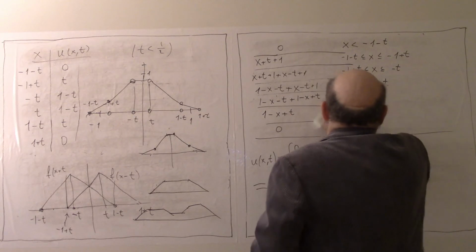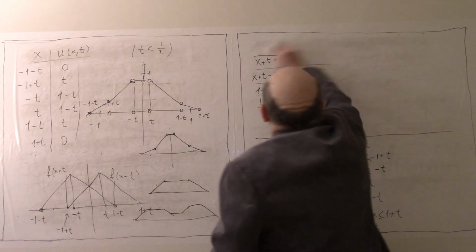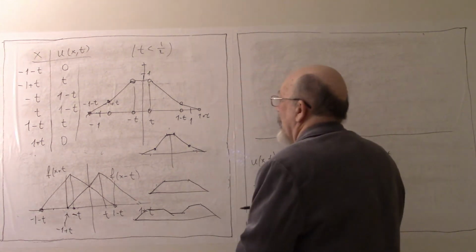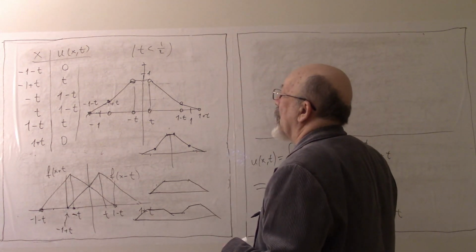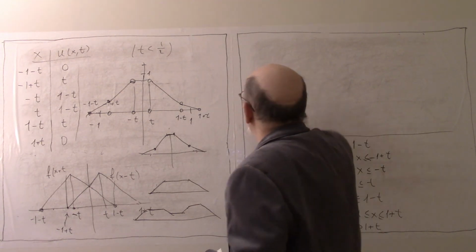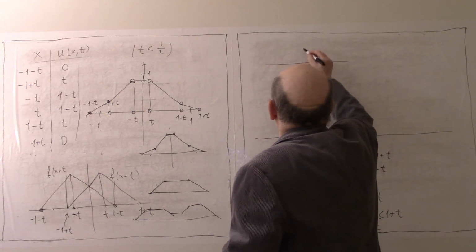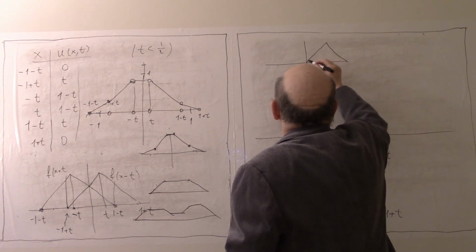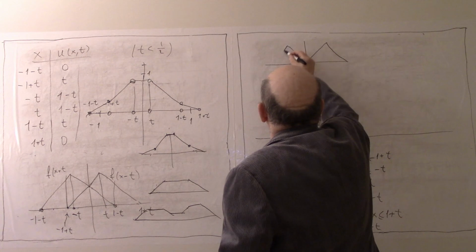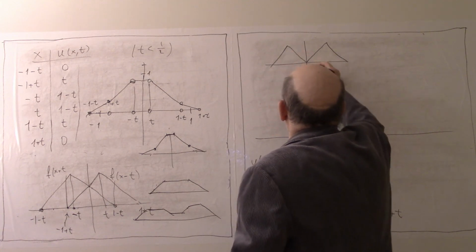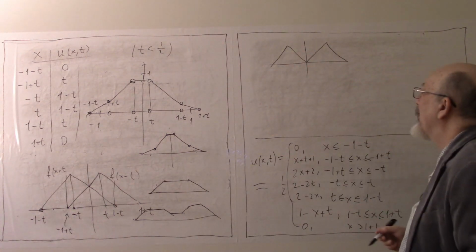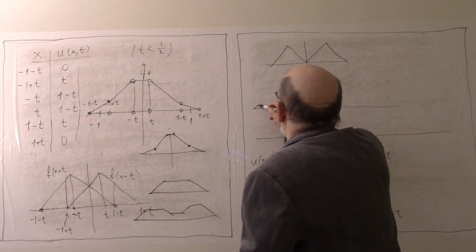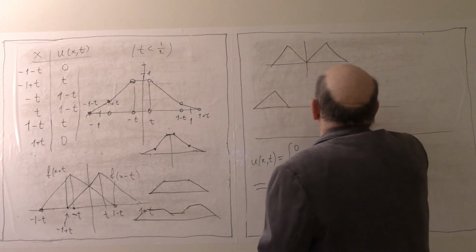And when t becomes more than 1, just a minute, let me jump to this case. Then f of x minus 1 is this, f of x plus 1 is this, and this solution is divided by 2.